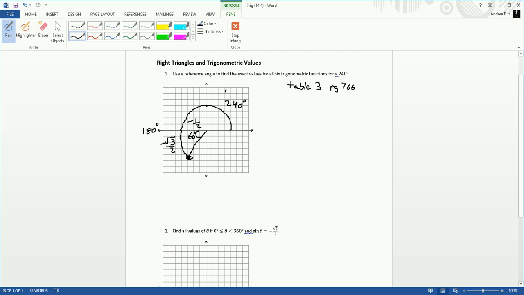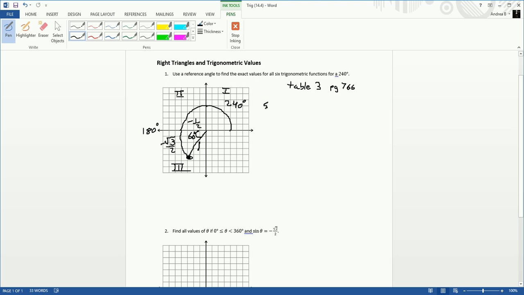Remember, if you're labeling the quadrants, we start out, we have 1, 2, and then the third quadrant is down here. So the x and the y's are both negative whenever you're in this quadrant. And whenever we're dealing with these, we're dealing with a unit circle, which remember means that the length of that radius is 1. So that'll help you then to come up with what all 6 of your trig functions are here.